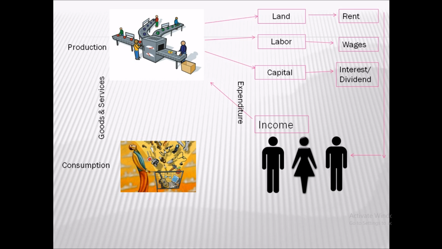So that becomes the expenditure. In a consumption activity, individuals exchange income or a price for consuming the goods and services produced by the producers. When it happens, you have an economic transaction.